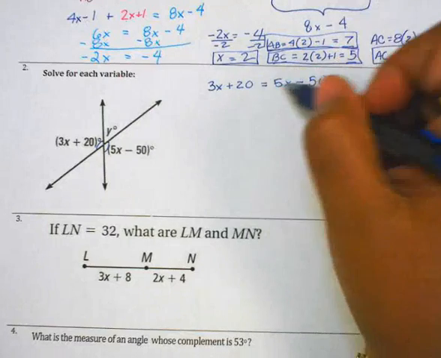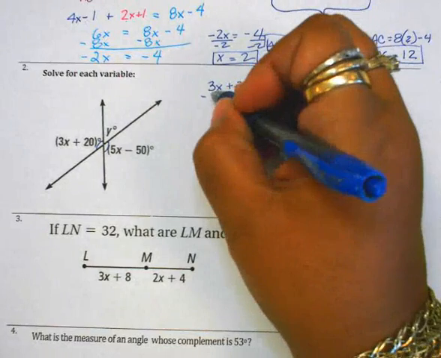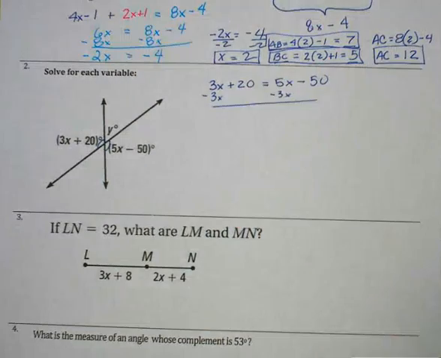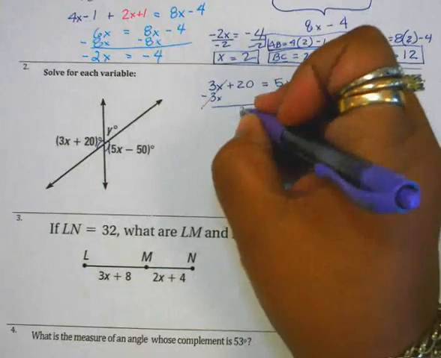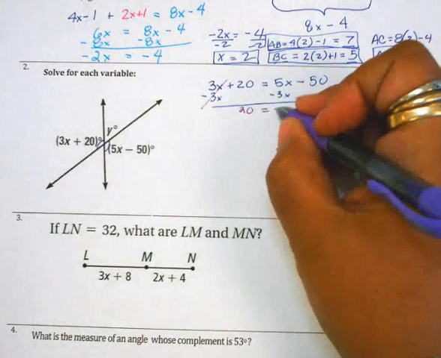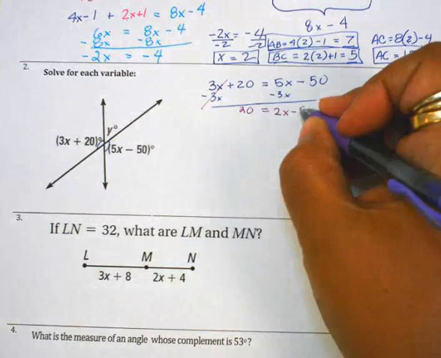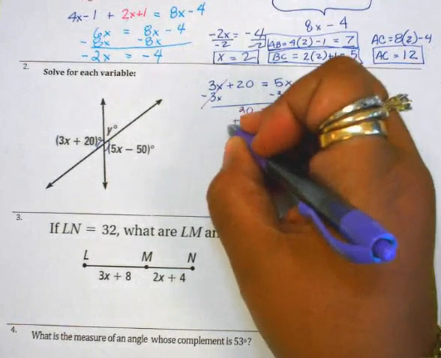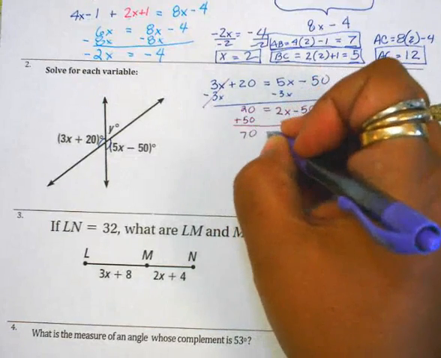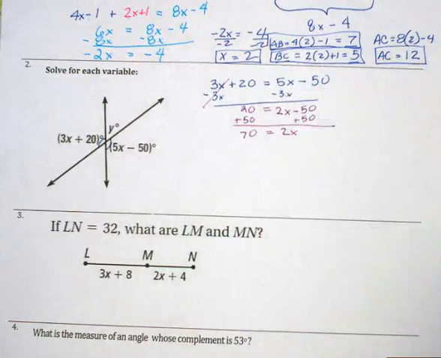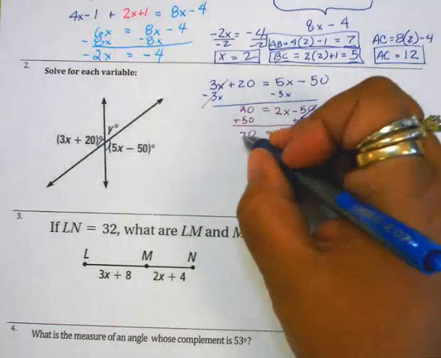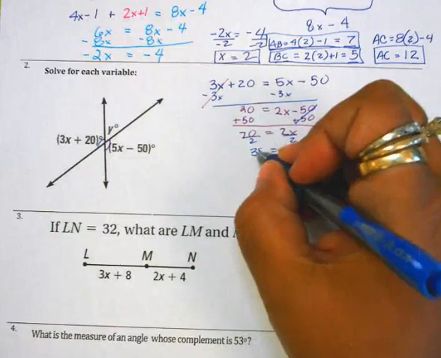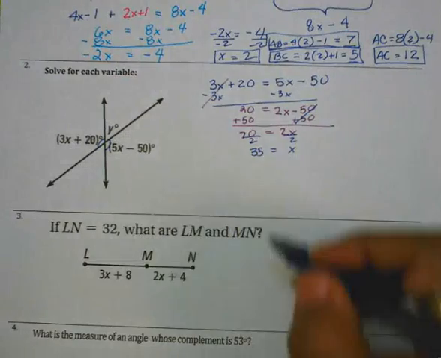So let's solve for x first. Subtract 3x from each side. And I get 20 equals 2x minus 50. Adding 50, and I get 70 equals 2x. X equals 35. So we know now that x is equal to 35.